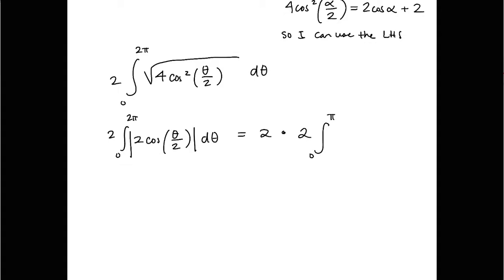So I can go ahead and drop those absolute value bars. And then this integral ends up being 8 times sine of theta over 2 evaluated from pi to 0, which gives us 16.